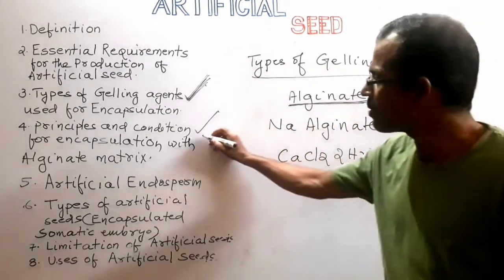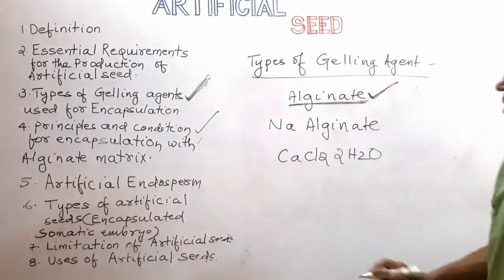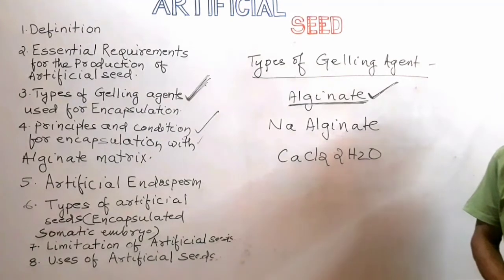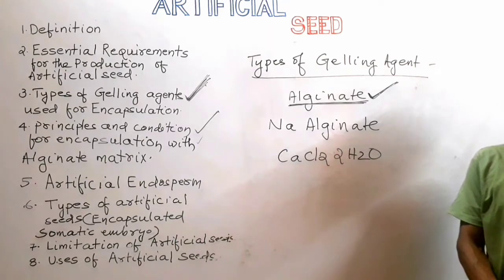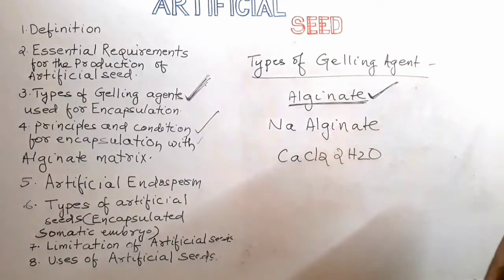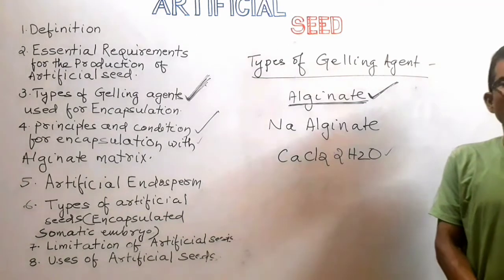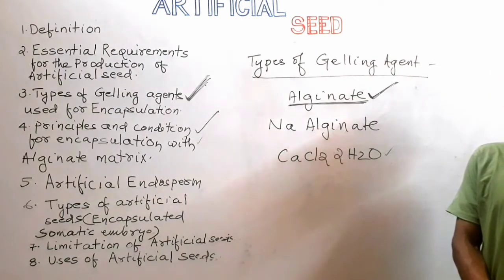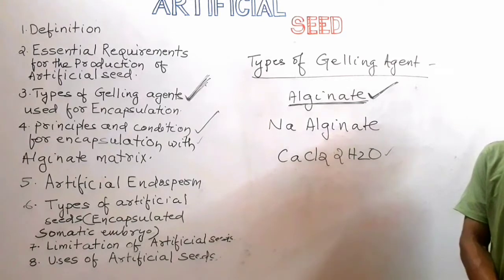Next, principles and conditions for encapsulation with alginate matrix. The basic principle is that when sodium alginate droplet containing a somatic embryo is dropped into a solution that contains calcium chloride, bead formation occurs. Bead formation takes place due to the exchange of sodium ion and calcium ion.